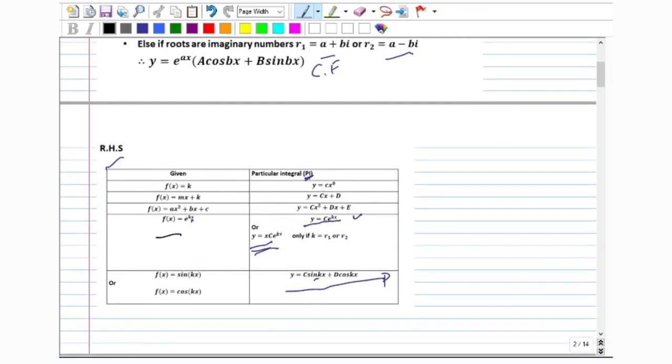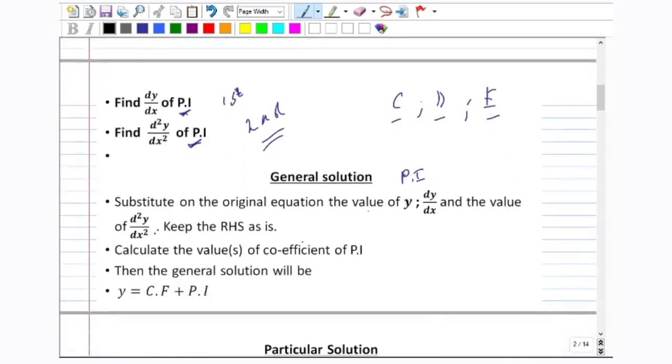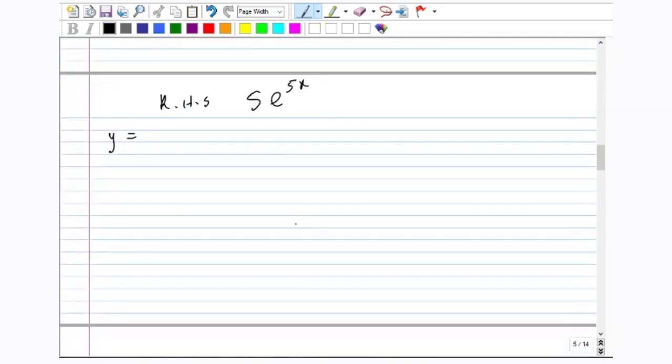But now our k is 5, and one of the r values is 5, which is r1. So therefore, we are going to say that our particular integral function is going to be equal to c x e to the exponent 5x. We are taking that straight away from here. So we call this our particular integral.